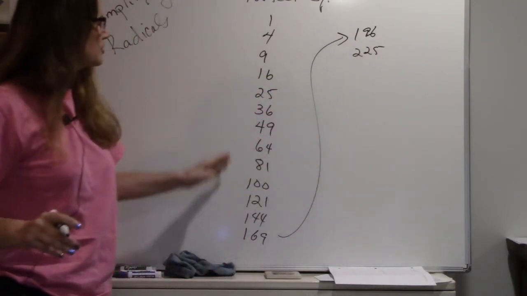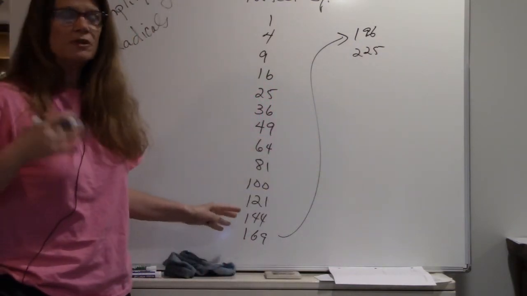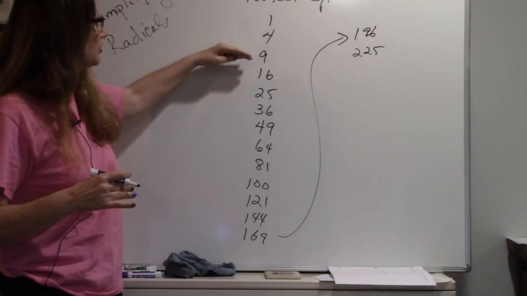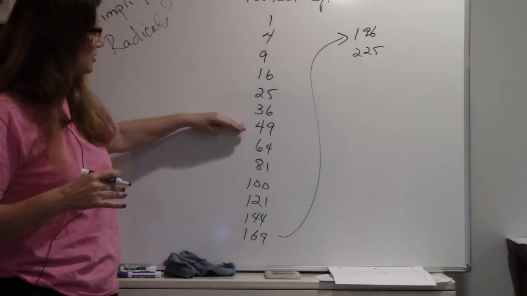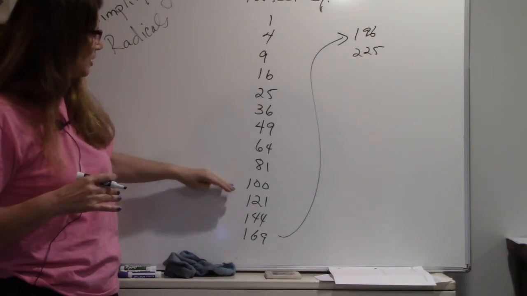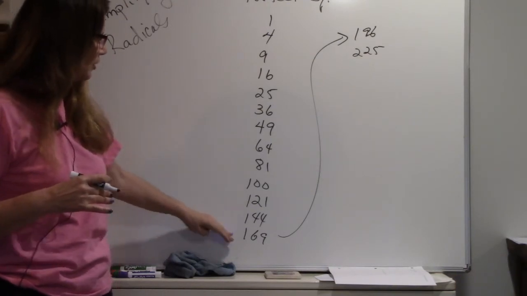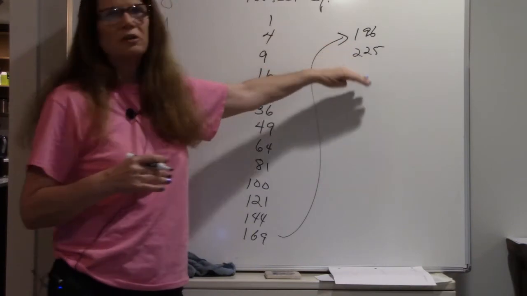These are the first 15 perfect squares. 1 times 1, 2 times 2, 3 times 3, 4 times 4, 5 times 5, 6 times 6, 7 squared, 8 squared, 9 squared, 10 squared, 11 squared, 12 squared, 13 squared, 14 squared, 15 squared.